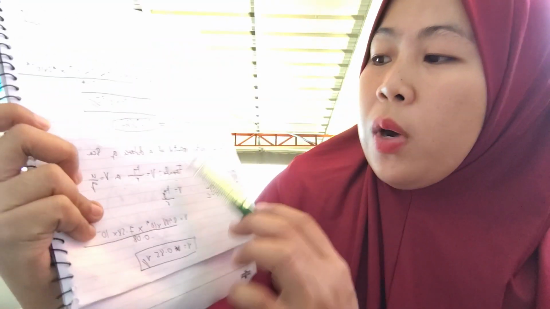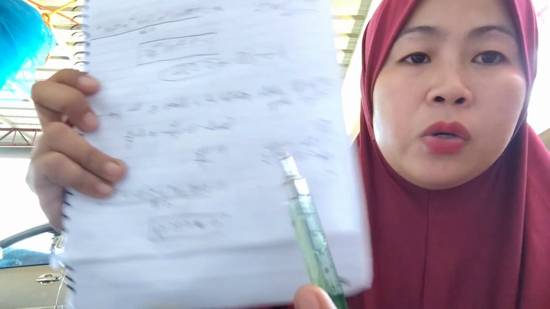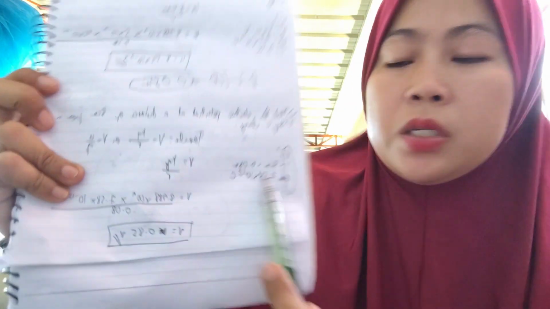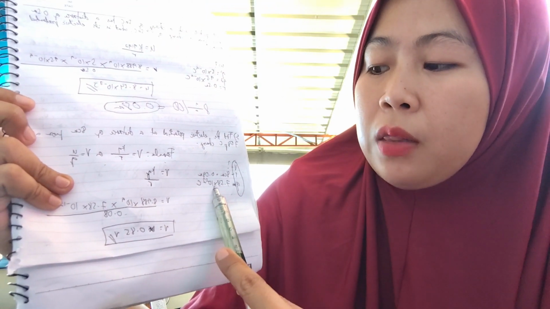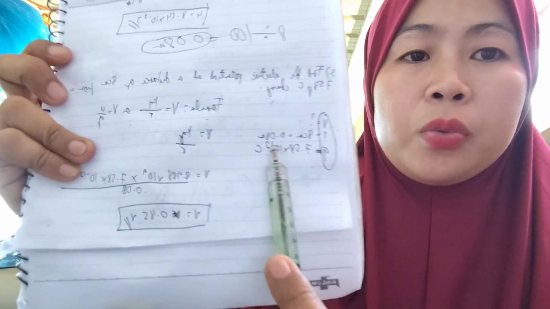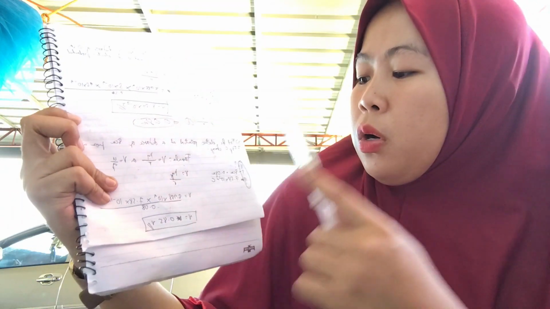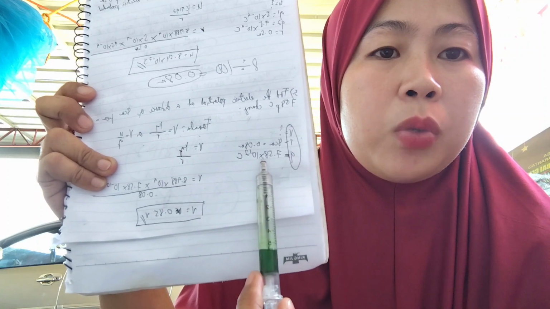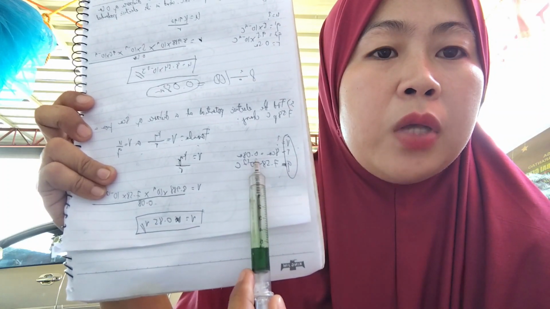So, wala tayong Q sub 1, wala rin tayong Q sub 2 sa ating problem solving na electric potential. So, ang nilagay ko is Q is equals to 7.58 times 10 raised to the power of negative 12 C. So, saan naman galing yung 7.58 times 10 raised to the power of negative 12 C?